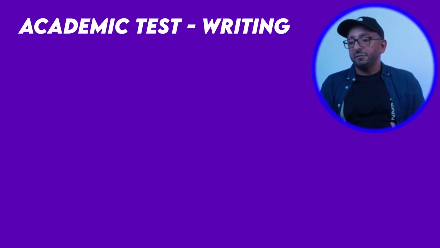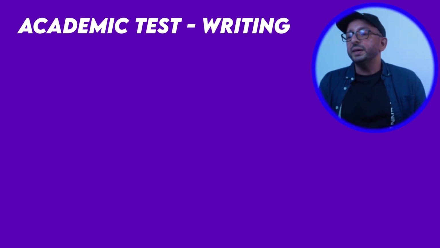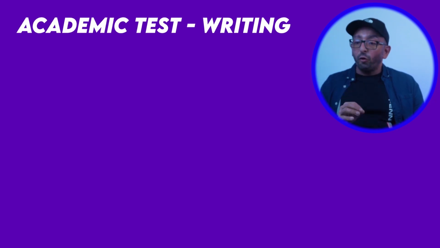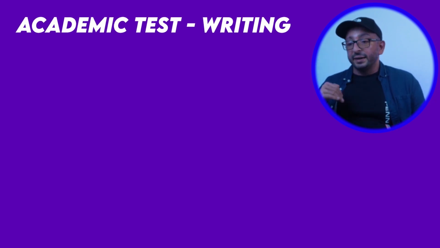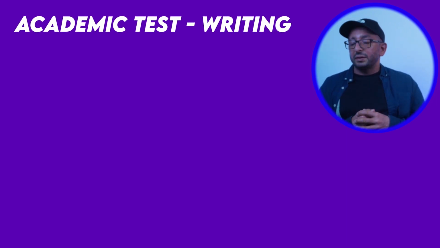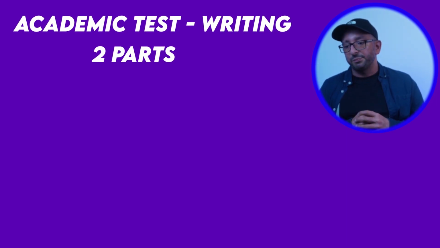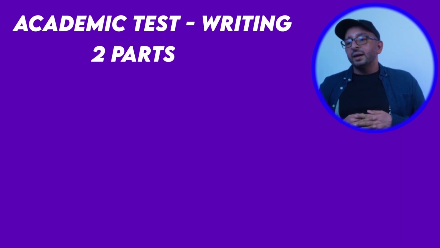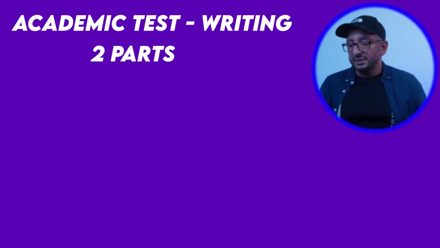Okay, now let's talk about the academic IELTS test. Now, in the academic version of the test, you'll be expected to write in a formal style. And just like the general test, here you will also be given 2 tasks to complete: writing task 1 and writing task 2.